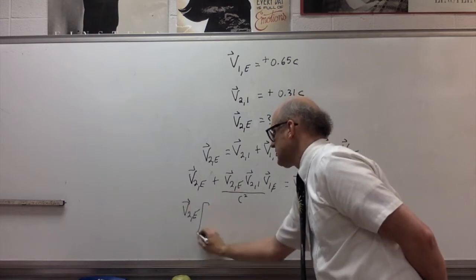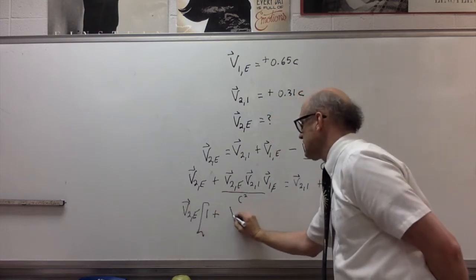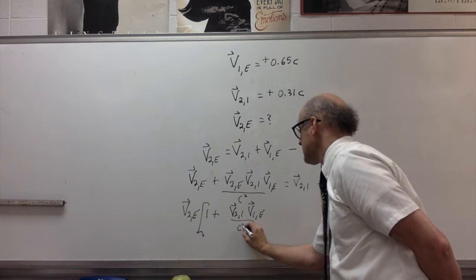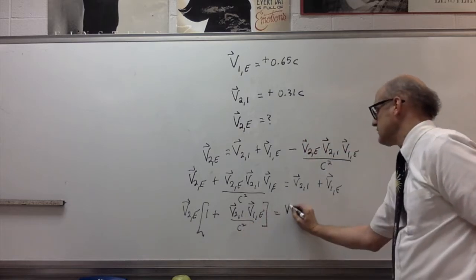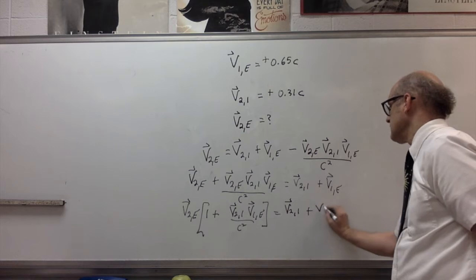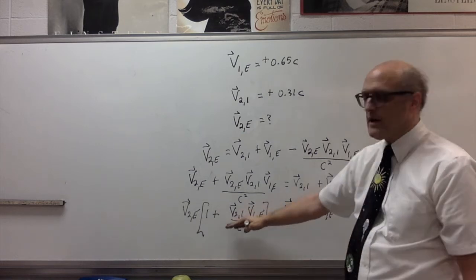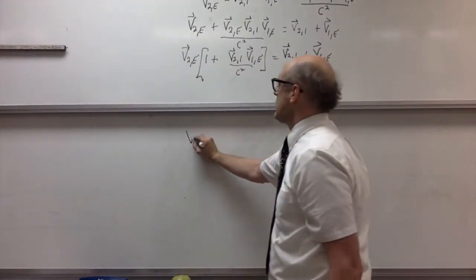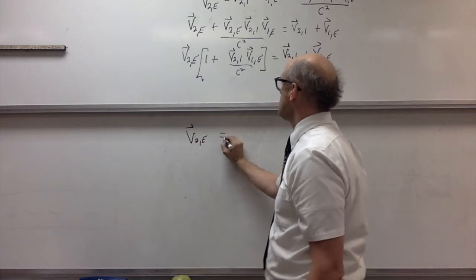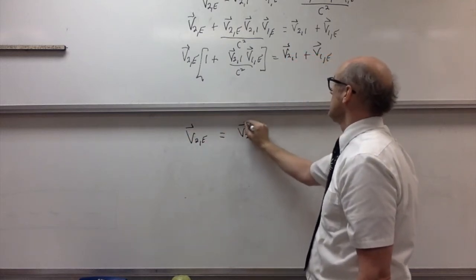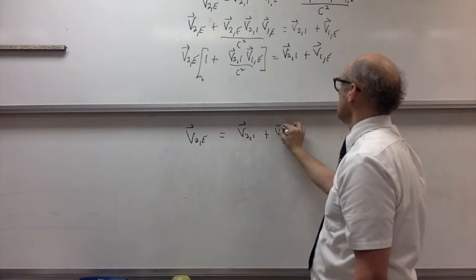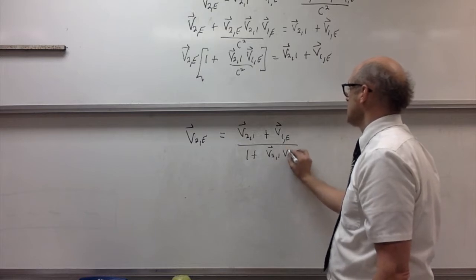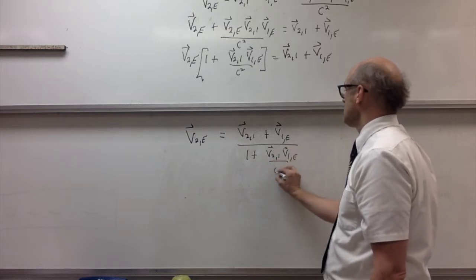So I have V2E times the quantity 1 plus V21 times V1E all over c squared is equal to V21 plus V1E. Now I'm going to divide both sides by this quantity. So I have V2E then is equal to V21 plus V1E divided by 1 plus V21 times V1E all over c squared.